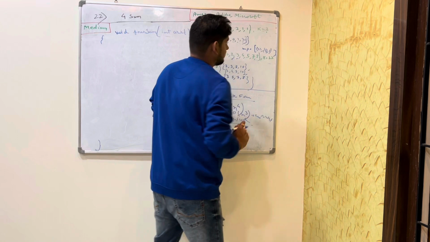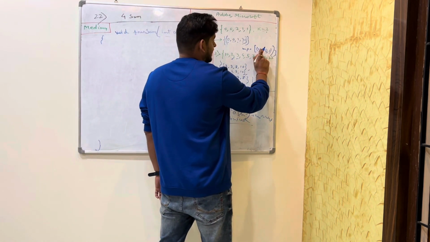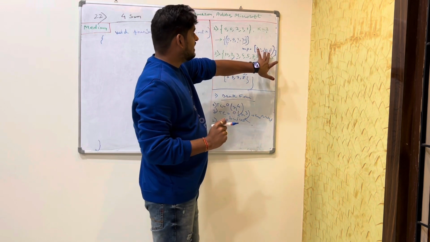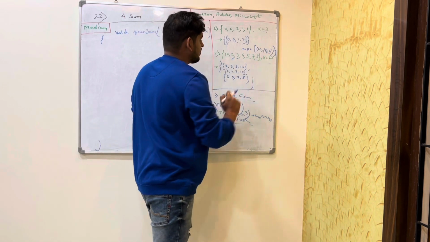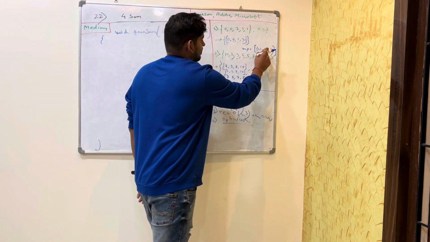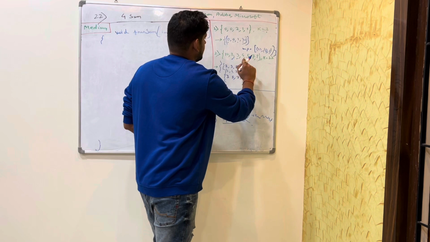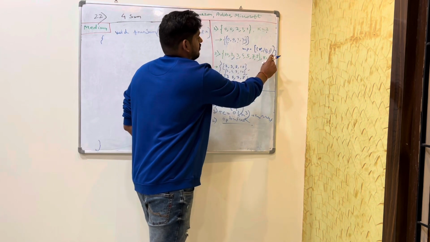The indexes are 0 and 6. So we saw that this 18 is present, and then we see what are the indexes whose sum has given 18. So 0 and 6 were the indexes, because we were searching for 2 plus 3, 23 minus 5.